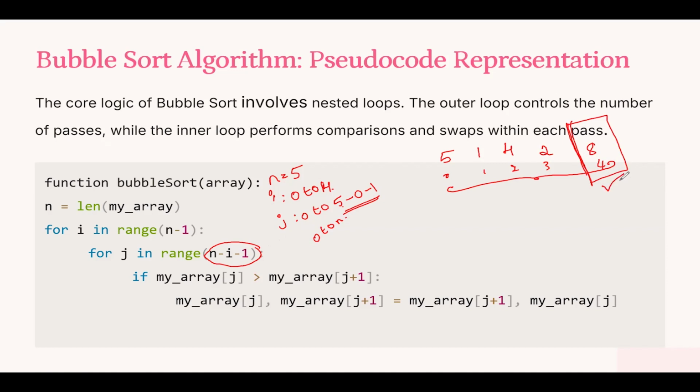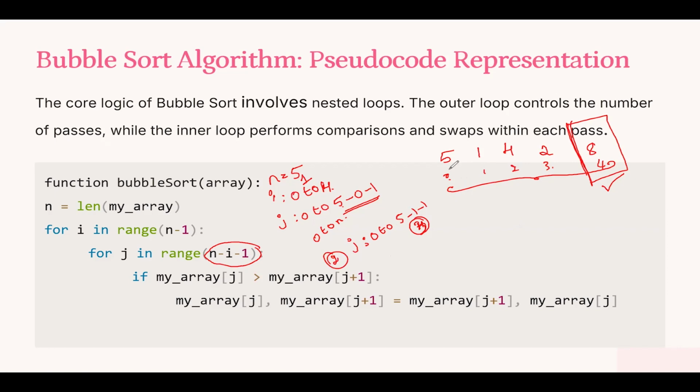I need not go till there, which means once I complete the j loop and i increments to 1, I am going to iterate j from 0 to 5 minus 1 minus 1, which is nothing but 3, which means I need to go only from 0 to 3. That is for my second pass.